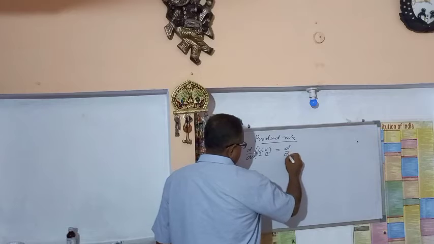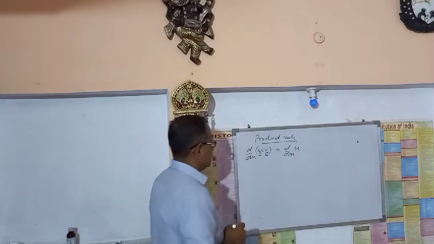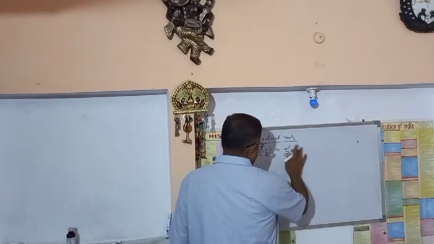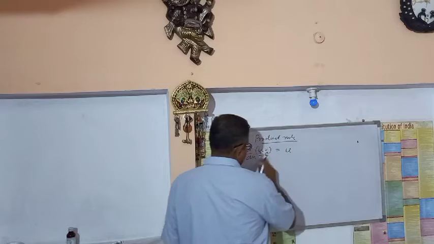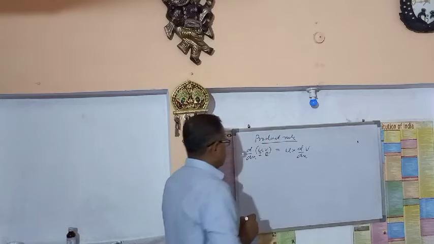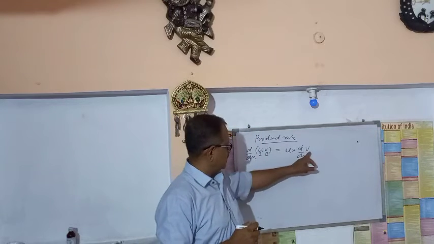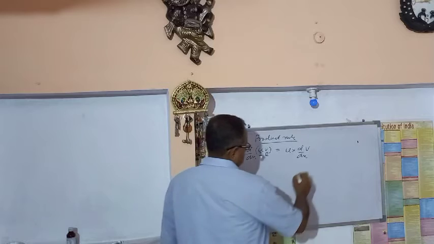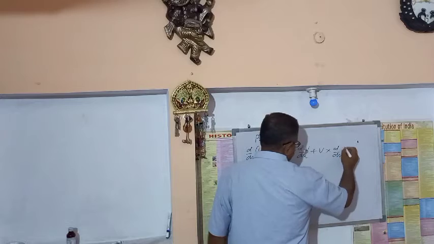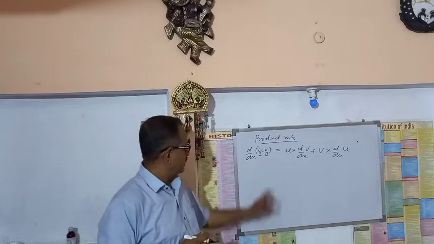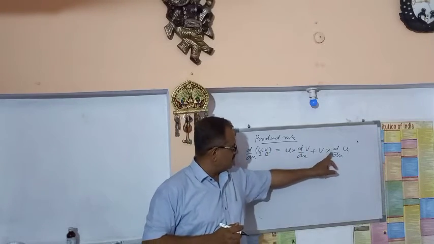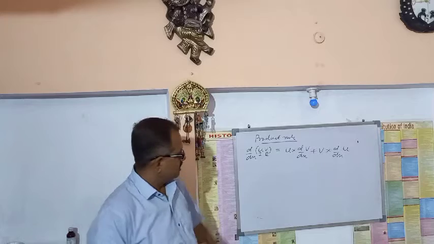So we will write d by dx of uv is first function into derivative of second function, dv by dx, plus second function into derivative of first function. So this is the product rule.